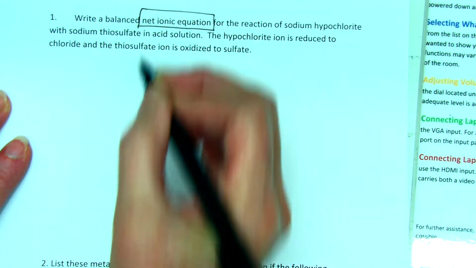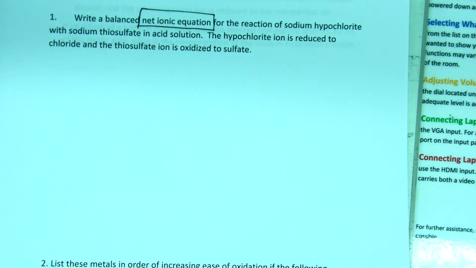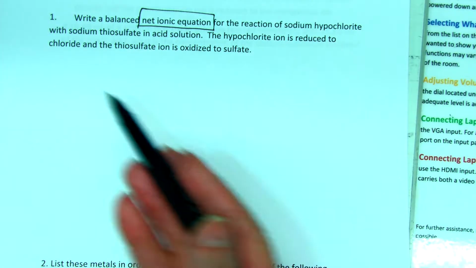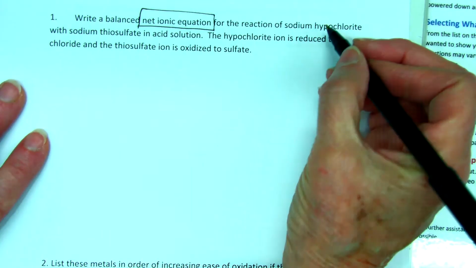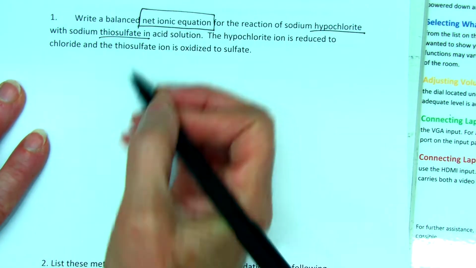That tells me that we're going to ignore all the spectators. So when you look at sodium hypochlorite and sodium thiosulfate, who do you think the spectator is? Sodium. I mean, if it's in both compounds, it's probably not doing anything, right? So it's getting hypochlorite and thiosulfate to the dance.